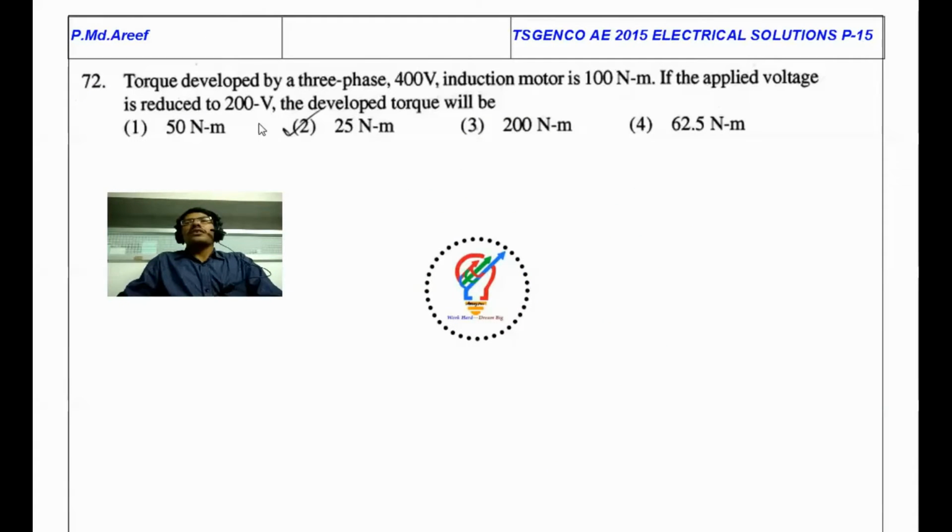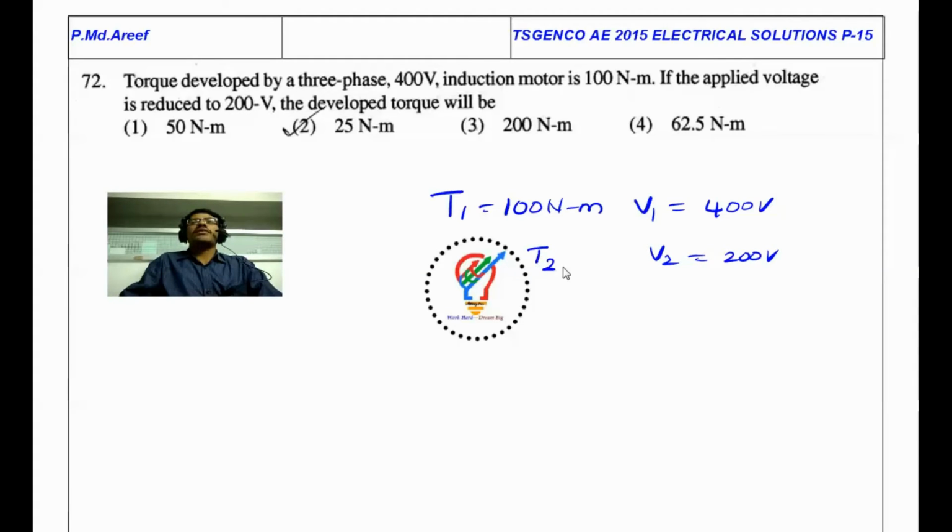So the next question is from induction machines. The torque developed by a three-phase 400 volts induction motor is 100 newton meters, so T1 is 100 newton meters. The applied voltage is reduced to 200 volts, that means it is reduced to half. So in the earlier case V1 is 400 volts, now V2 becomes 200 volts. Now they are asking what is the torque.